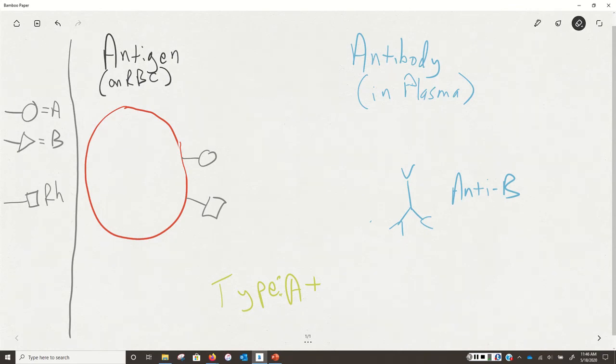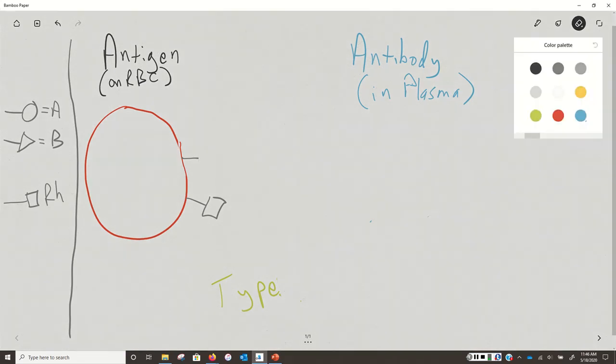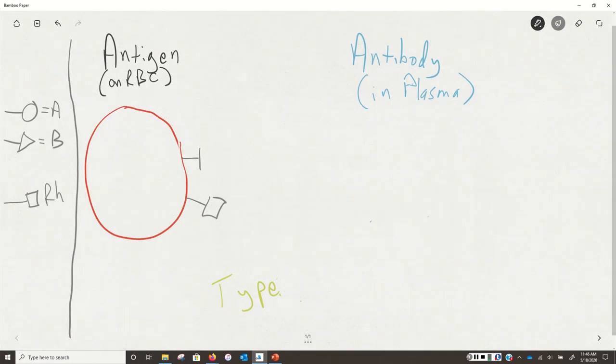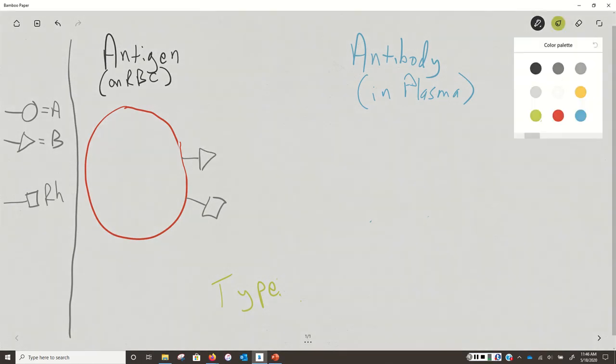Let's do another. Let's say we check and this person has the B antigen and the Rh antigen. What type are they? See if you can answer that.